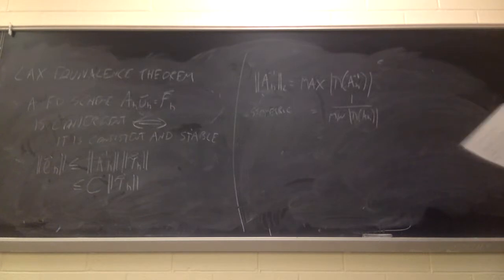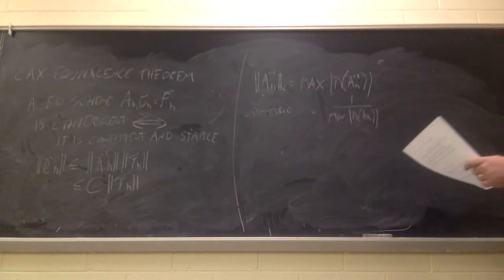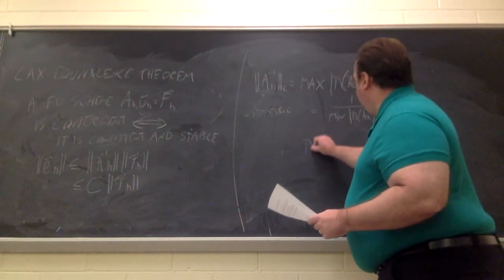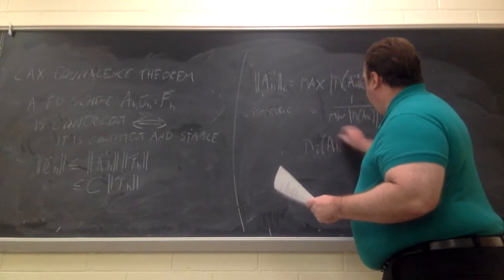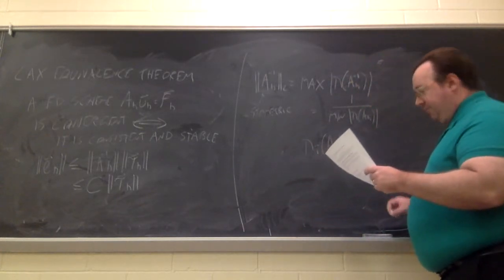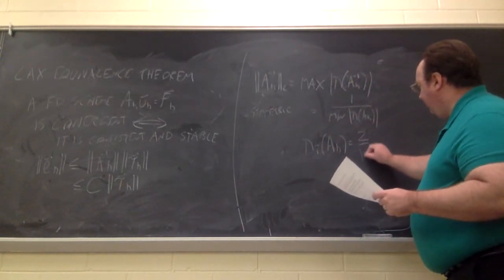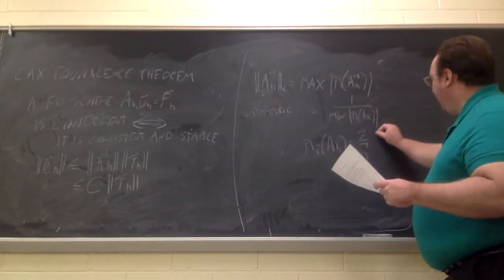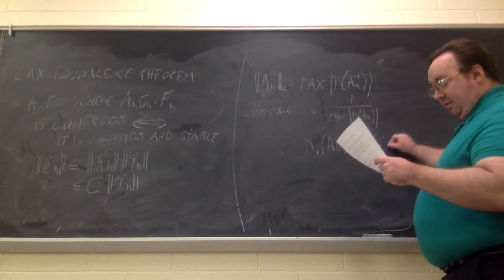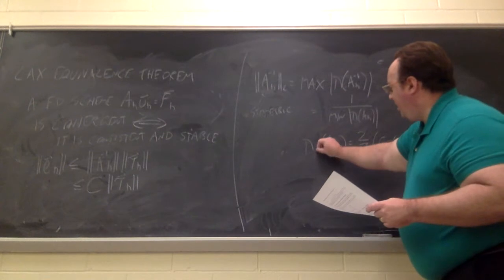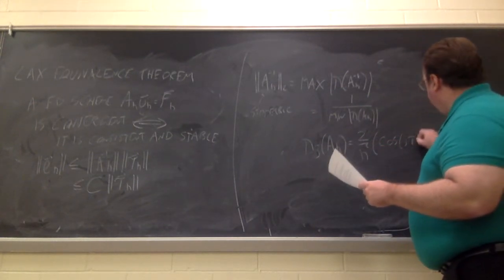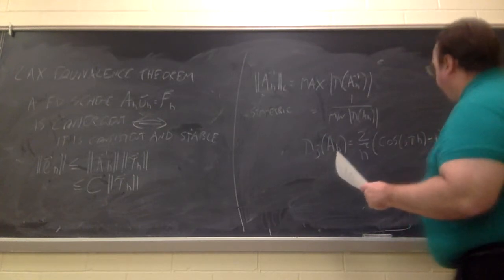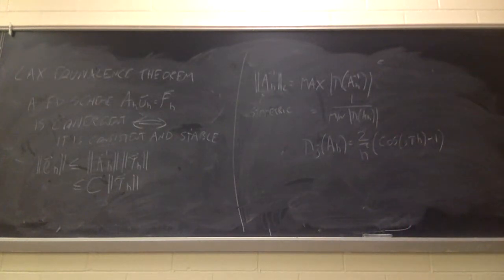And it turns out the eigenvalues of this matrix for the centered difference are known. So each eigenvalue of A_h, there's a formula for it. And I wish I had time to show you this, but that would take a long time. Cosine, I'll use a j here, cosine of j pi h minus 1.